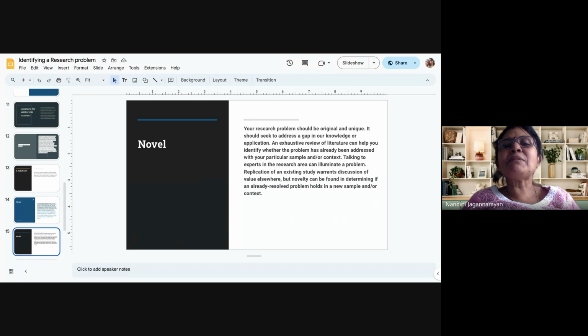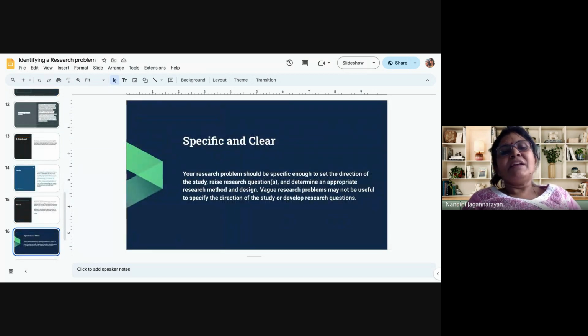All these things people have not researched, so you are going to give a newer way of looking at it. It has to be very specific and clear. My question was very specific: what is the fastest and most cost effective way of commuting from Airoli to Mulund? It was very specific and clear.